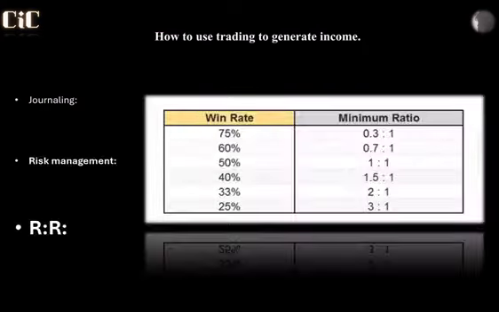RR. Now, the beginner trader thinks that you need a 90% win rate and a 1 to 10 RR, as is always demonstrated on social media. And that is completely false. That is nothing short of bullshit.